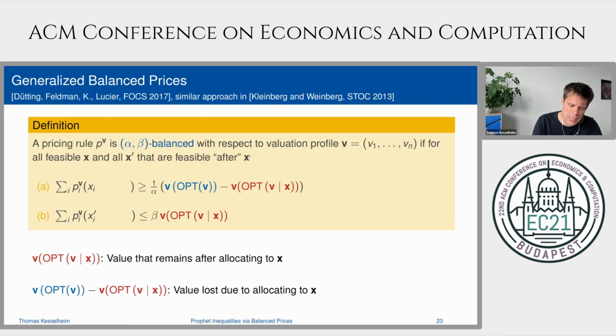We can now generally say that for arbitrary feasibility structures, we can define pricing rules to be alpha-beta balanced with respect to an evaluation profile and with respect to feasible outcomes. So X is just a feasible outcome, and X prime is another feasible outcome, which is still feasible after we've already allocated X. Before we had some allocations of items, now we're taking this to the next level and saying there are just certain outcomes.